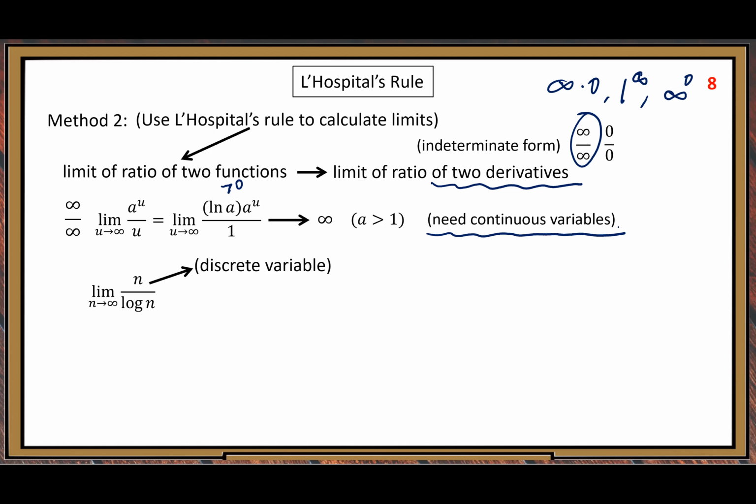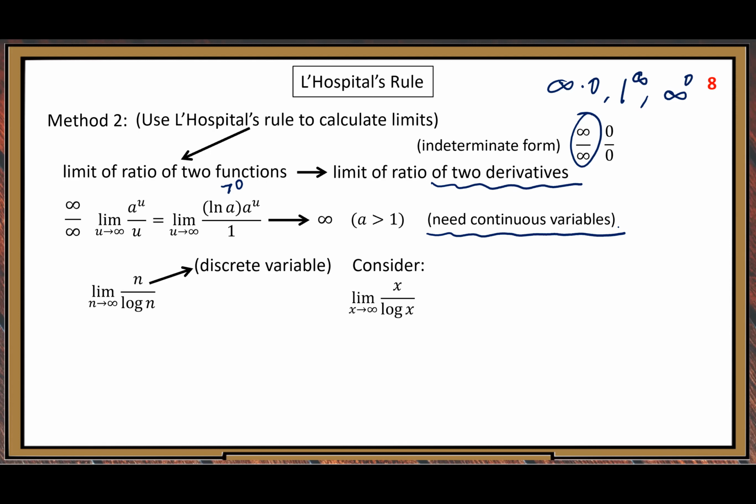We know discrete variables. Now, can we write their continuous counterparts, the corresponding continuous functions?